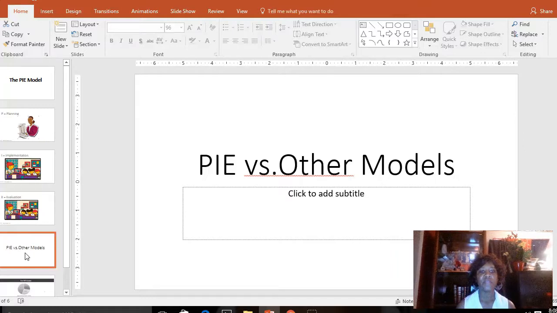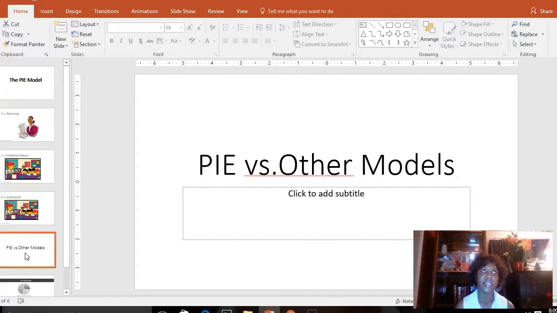Okay, now that we've talked about the PI model, I'd like to discuss some of the other instructional design models, as compared to PI. And I think I'm going to look at the Assure model and the Gerlach and Ely model.